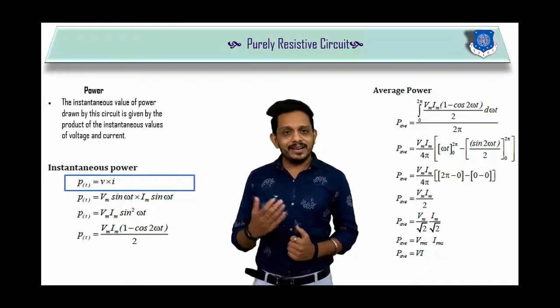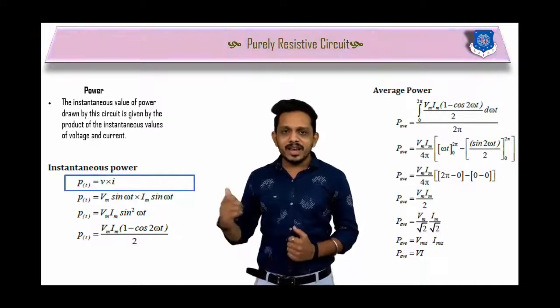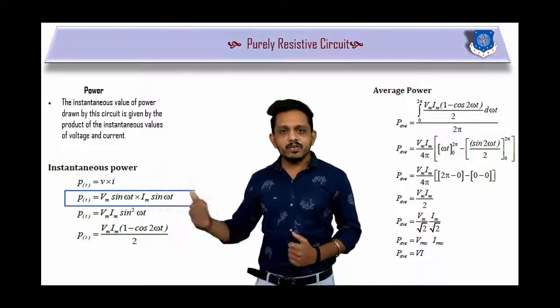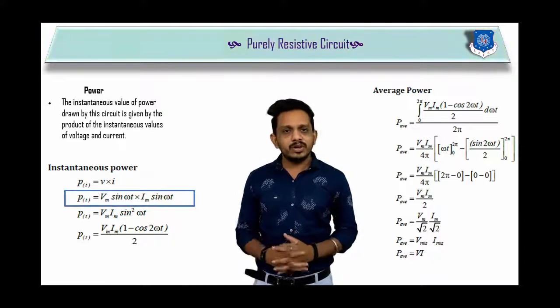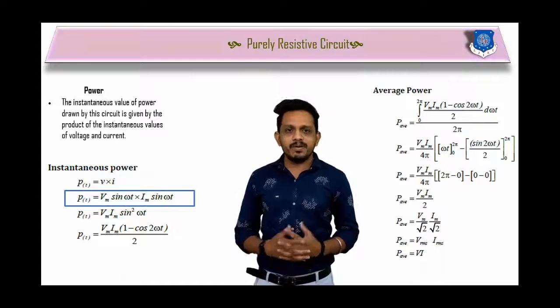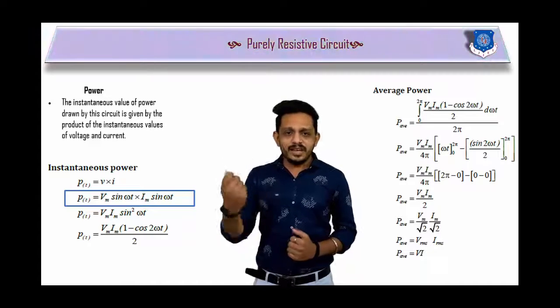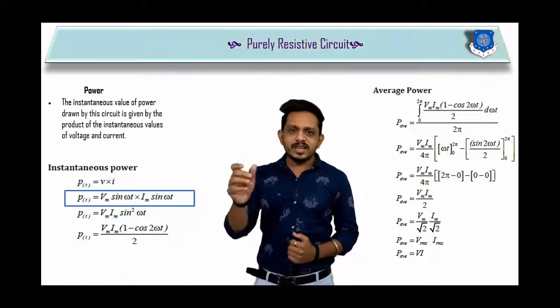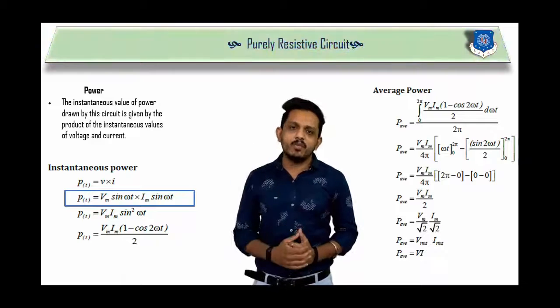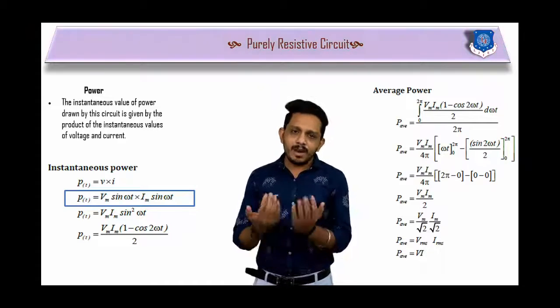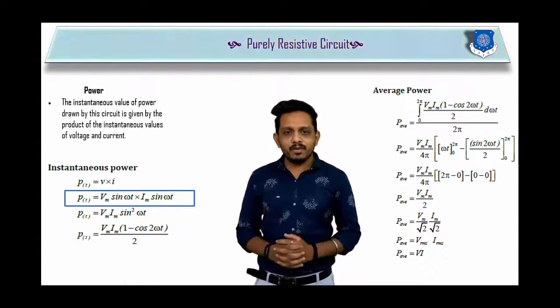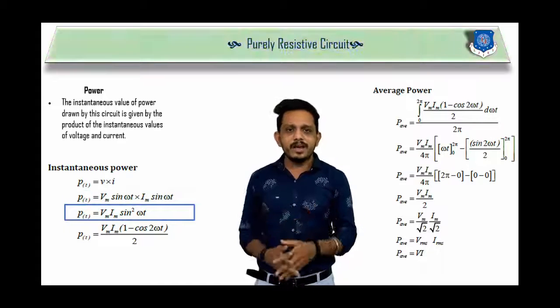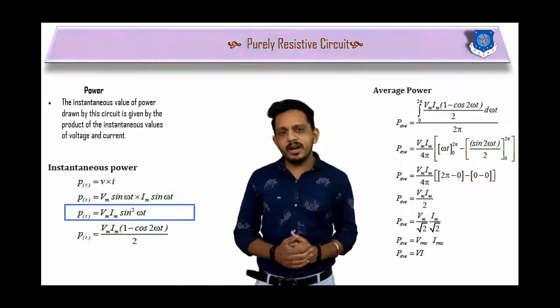We know that the equation of voltage was Vm sin omega t and the equation of current was Im sin omega t. So P instantaneous is equal to Vm sin omega t into Im sin omega t. If we take Vm and Im outside, then it will be Vm Im into sin square omega t.